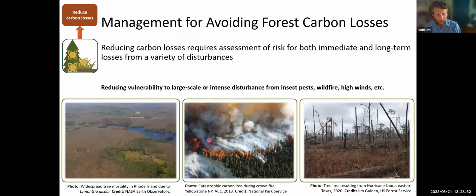In the middle, catastrophic carbon loss from a crown fire that occurred in Yellowstone National Park back in 2013. And then along the Gulf Coast, tree loss as a result of Hurricane Laura in 2020. These are all events that resulted in widespread tree mortality that increases emissions from carbon in these ecosystems.